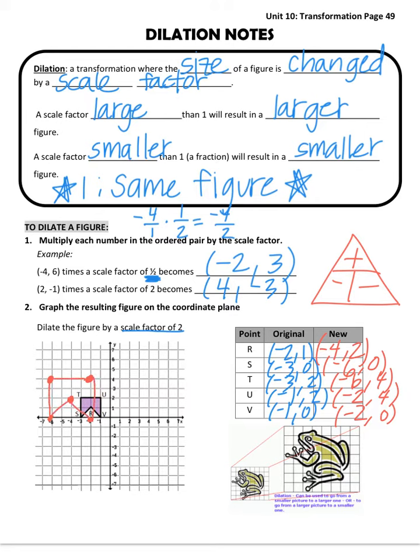Don't forget to go back and label the points. So V prime is -2, 0. U prime was -2, 4. T prime is -6, 4. So we made that shape twice the size that it regularly was.